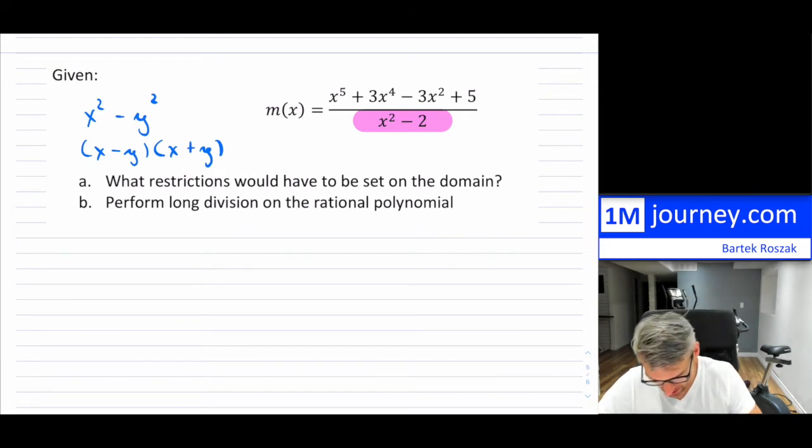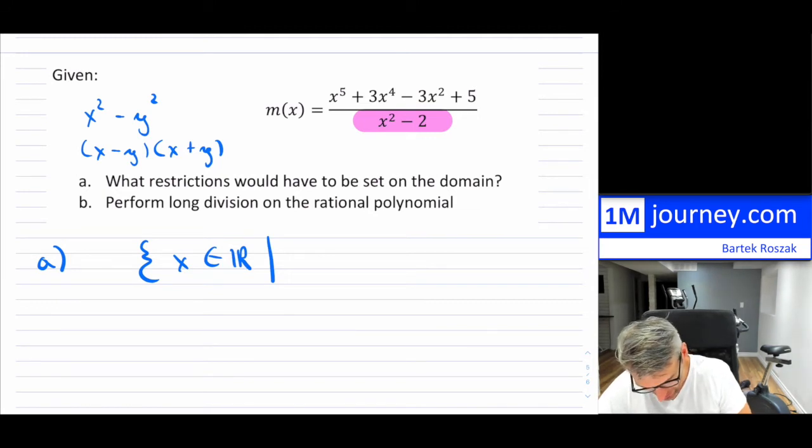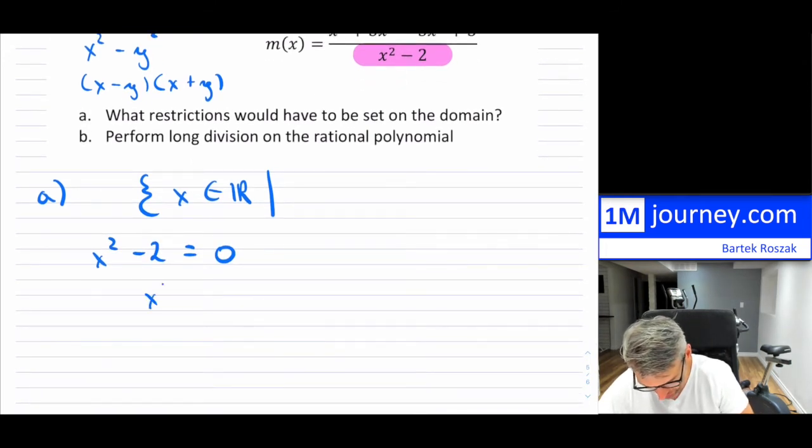Okay. So for part A, in terms of restricting our domain, x is all real numbers, but it cannot be... here you can do it one of two ways. You can say x squared minus 2 cannot be 0, so we have to find out where it's 0.